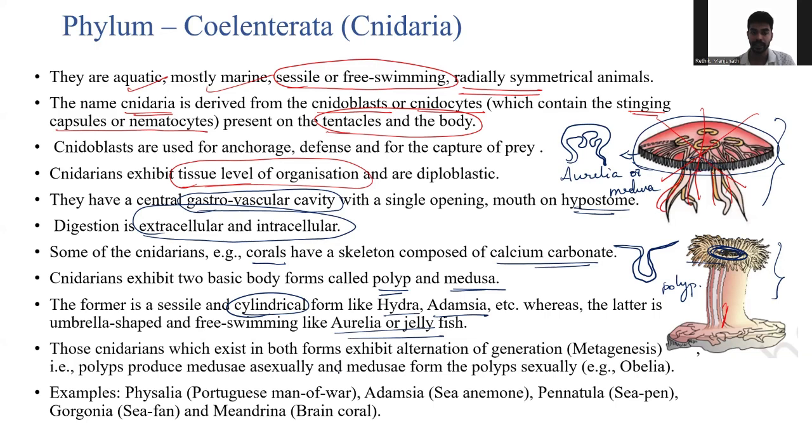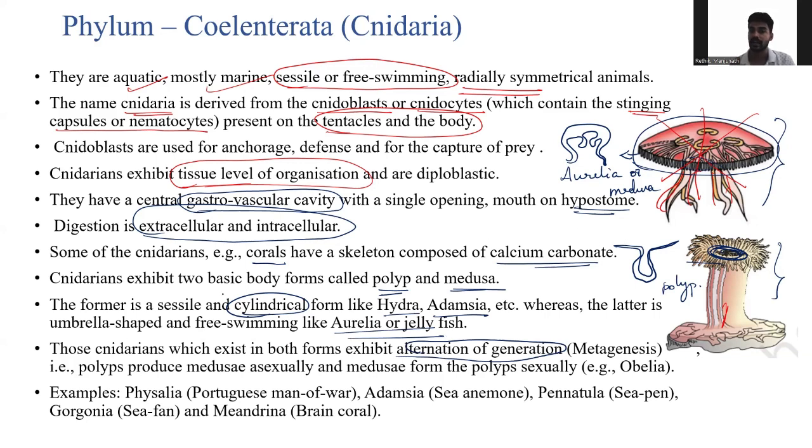The Coelenterata basically exist in both forms. That is, they exhibit alternation of generation. What is this alternation of generation? Alternation of generation is nothing but metagenesis.